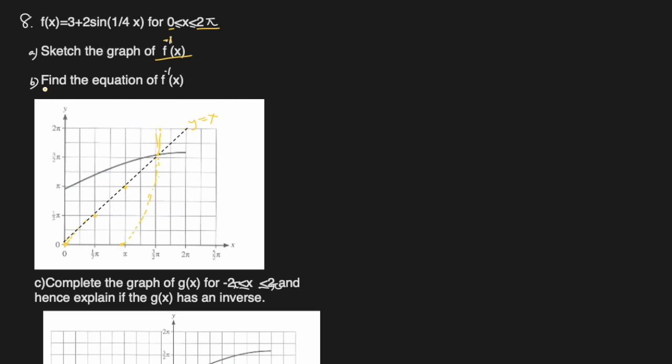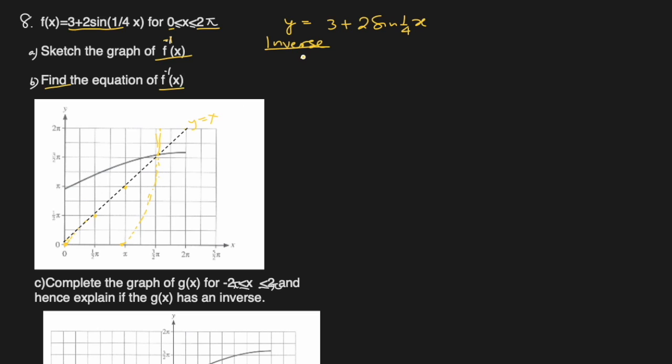Alright, now we have to write the equation of the inverse, and for that I need the original one. The original one can be written as y equal to 3 plus 2 sine 1/4 x. This is the original equation, correct? If I want to inverse this equation, that means I want to find f inverse x.